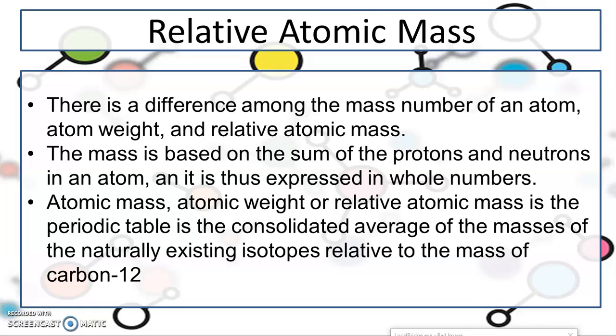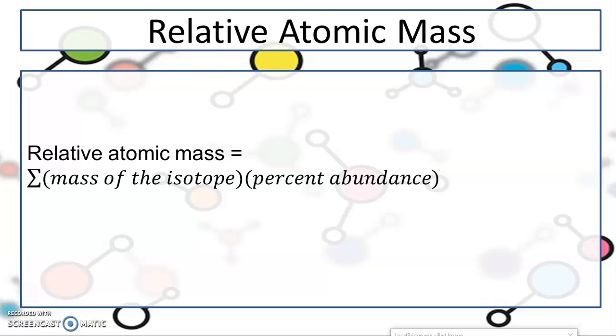Atomic mass, atomic weight, or relative atomic mass on the periodic table is the consolidated average of the masses of the naturally existing isotopes relative to the mass of carbon-12. In computing the relative atomic mass, we use the summation of the mass of each isotope times the percent abundance of the element.